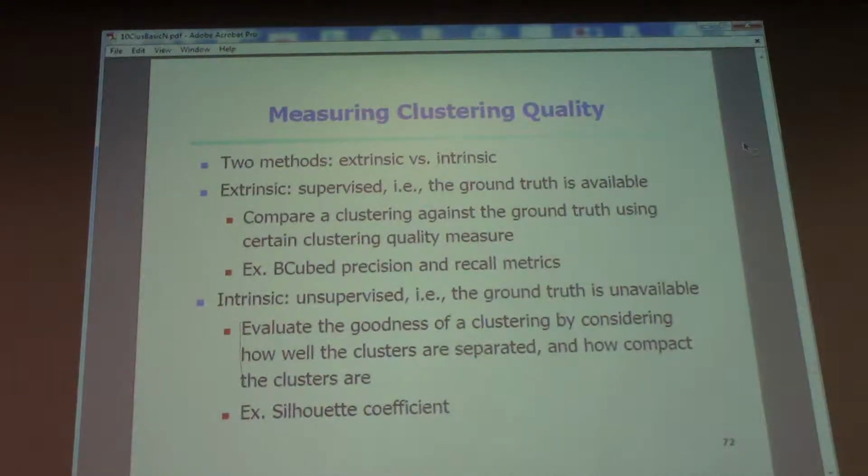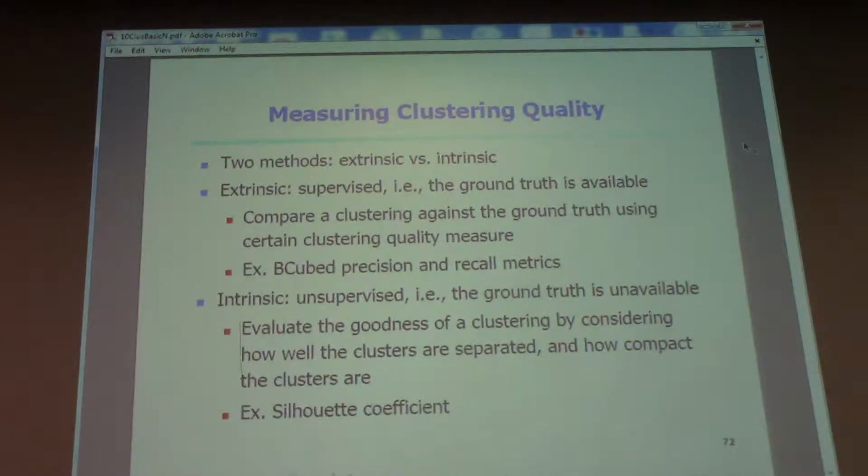Also, when you evaluate the quality of the cluster, if you have the ground truth, as I mentioned for the final project, we can use such ground truth, labeled data. For example, if you can do the training and testing, we will learn the training and testing details in classification.